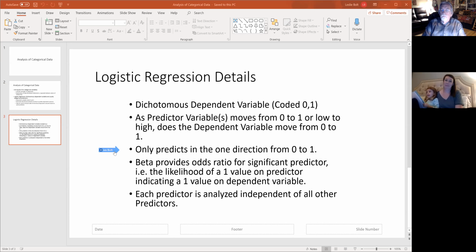There is something that's called beta that's generated by logistic regression. That creates this odds ratio, which allows us to talk about the likelihood of one value on the predictor indicating one value on the dependent. And each of the predictors, and we can put multiple predictors into the model, is analyzed independent of all the others.